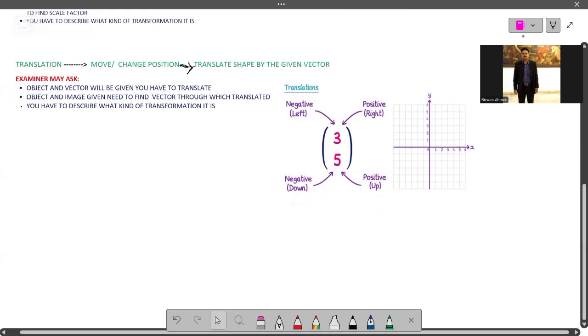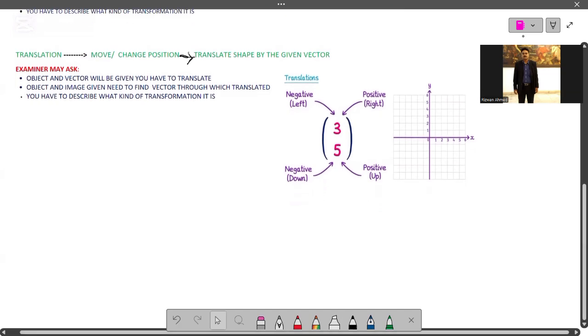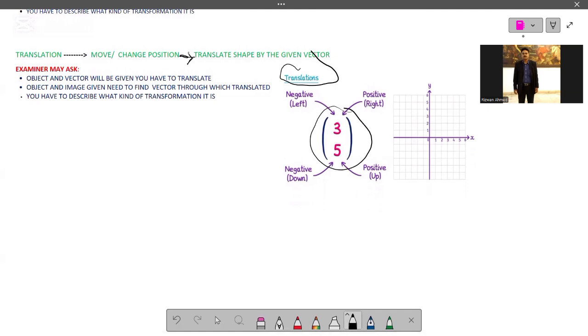So these are the important ones. And one more thing: what about the vector through which we have to translate? Let's suppose this is a vector. Everyone knows this is the position of x and this one is the position of y.